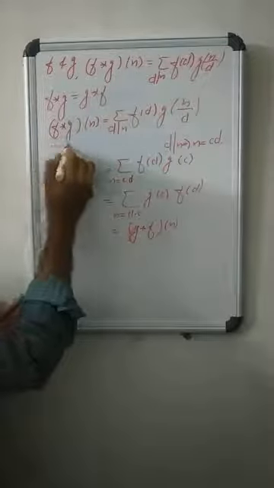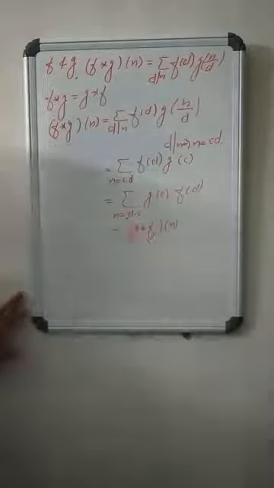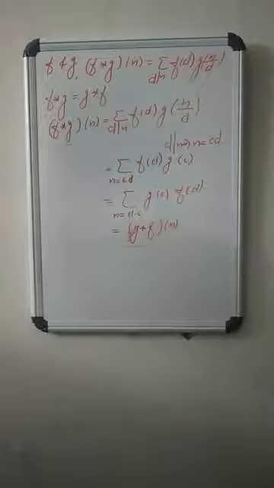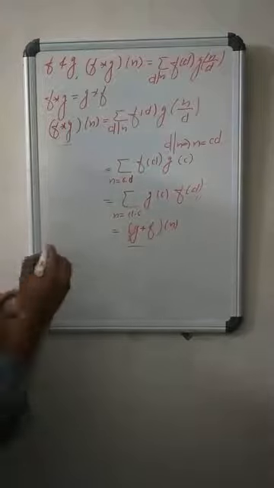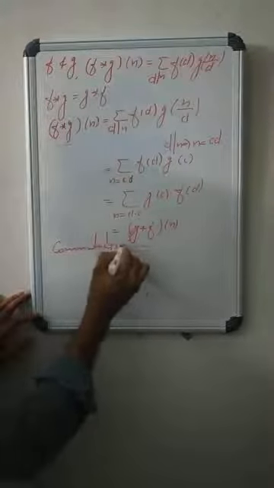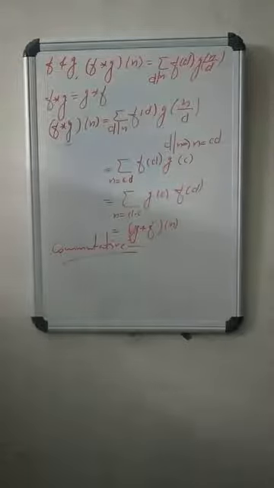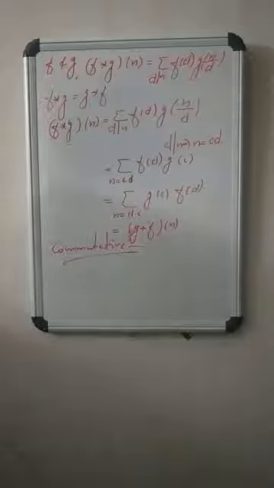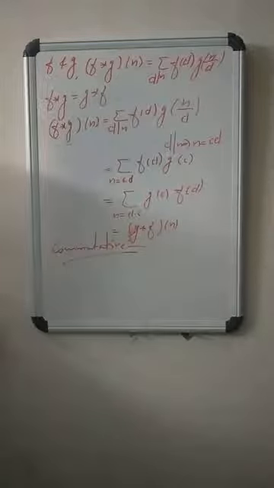So finally, f star g equals g star f. Hence the Dirichlet product is always commutative. If you take any two arithmetic functions, then (f star g)(n) equals (g star f)(n), meaning f star g equals g star f.